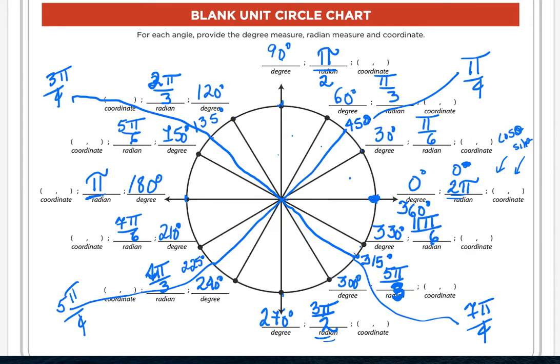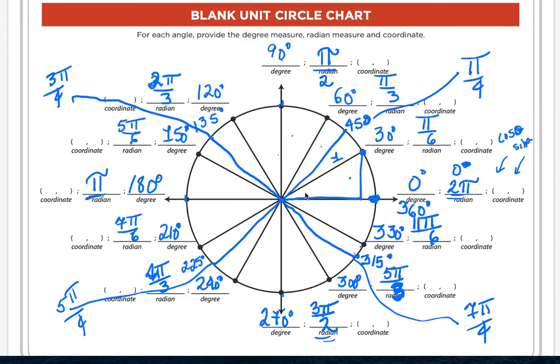And what you're going to find out is that the angle it's forming, as an example here, the x value right here is going to be equal to the cosine, and the y value of it is also going to be equal to the sine, because the hypotenuse is always going to be equal to 1, because that's the radius.